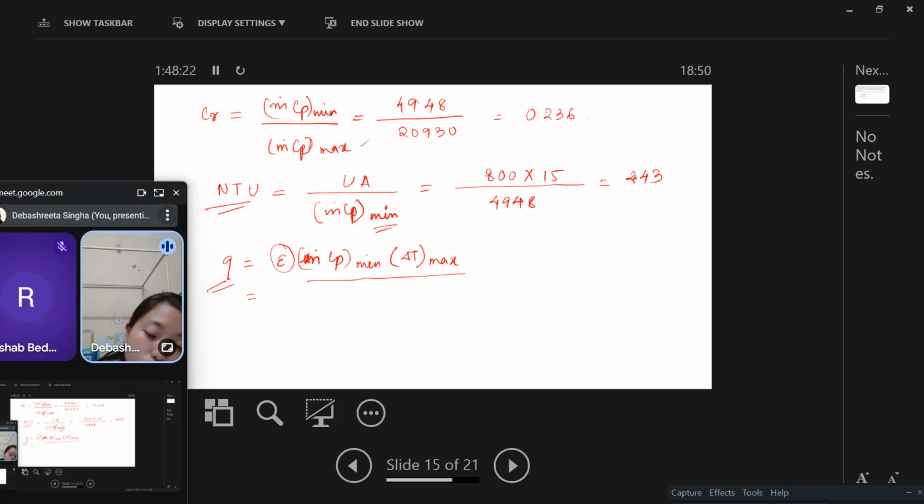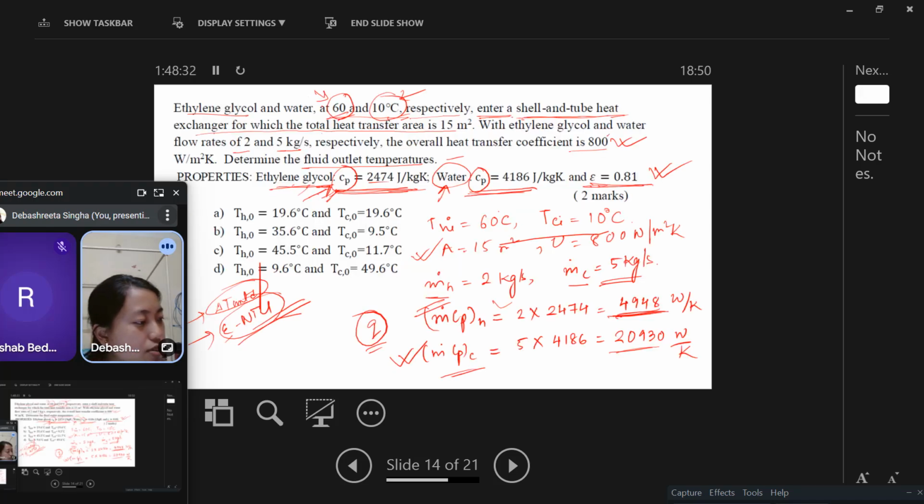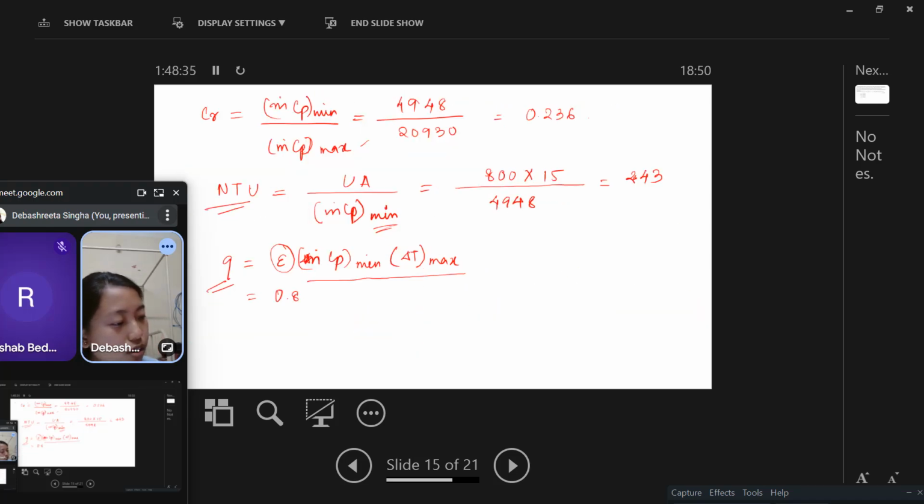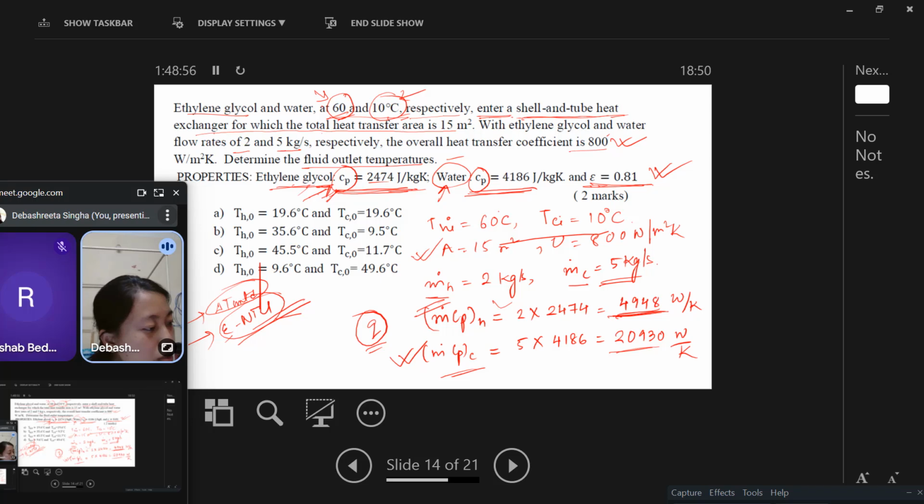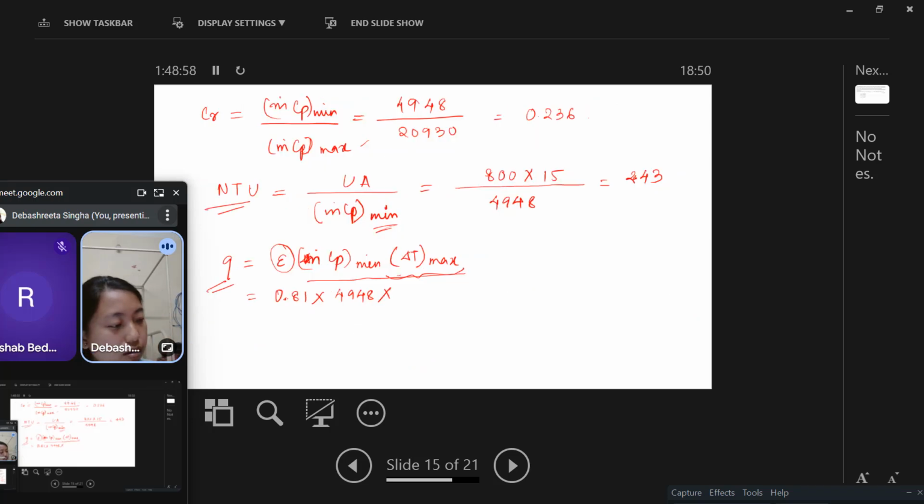There was no epsilon, so maybe they considered effectiveness as 1. But here they have given the effectiveness 0.81. So 0.81 into m dot Cp minimum, which we know is 4948. It is very easy to calculate delta T max, because it is THI minus TCI. It only depends on the inlet temperatures, and both are given, 60 and 10.